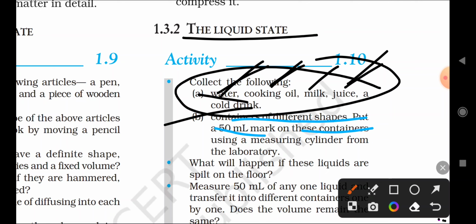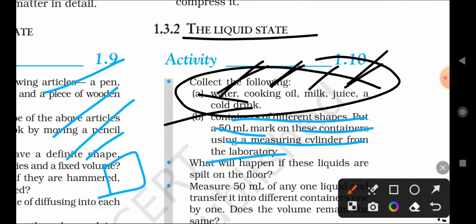Mark 50 ml on these containers using a measuring cylinder from the laboratory. You have to take different types of liquids like water, cooking oil, milk, juice and cold drink, and different containers like a rectangular one, a conical flask and test tubes.